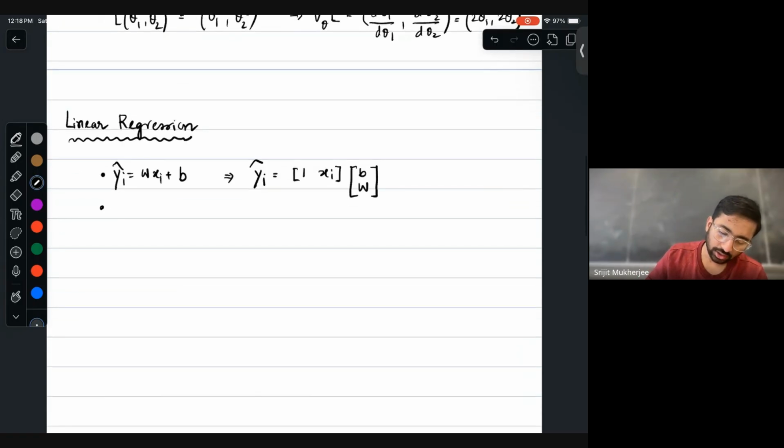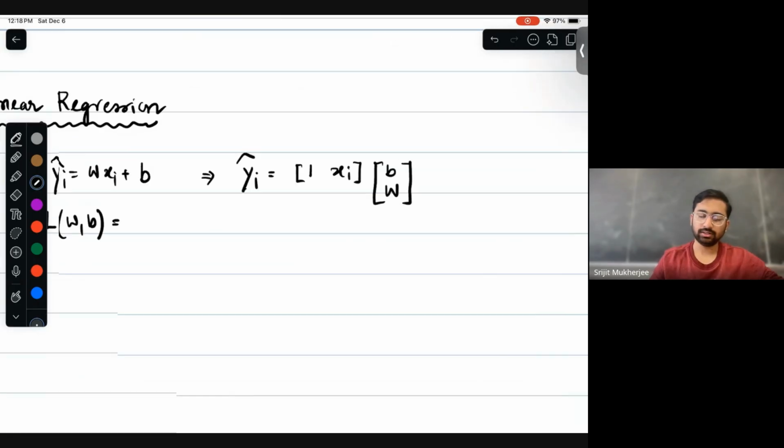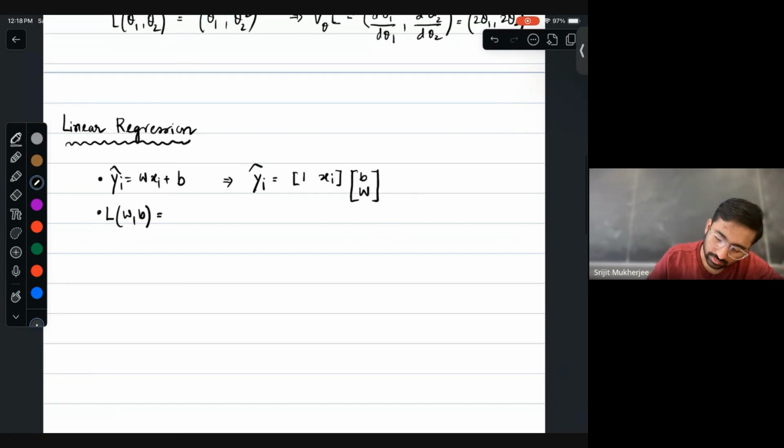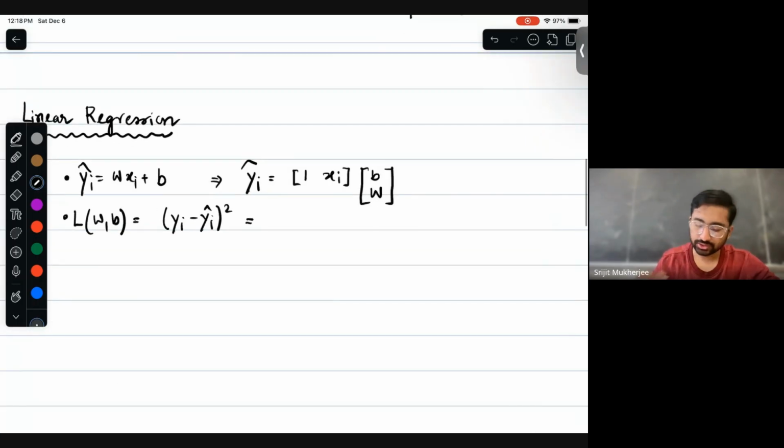And the loss, which is a function of w and b, is nothing but yi minus yi hat, whole square. Because xi and yi are given, they are constants, they are the data set.